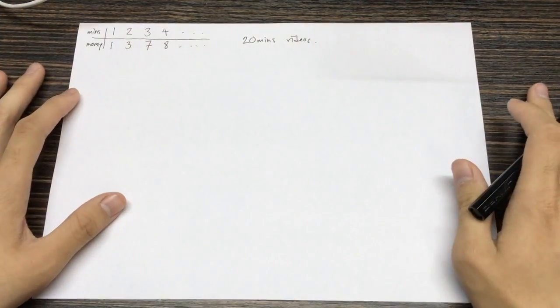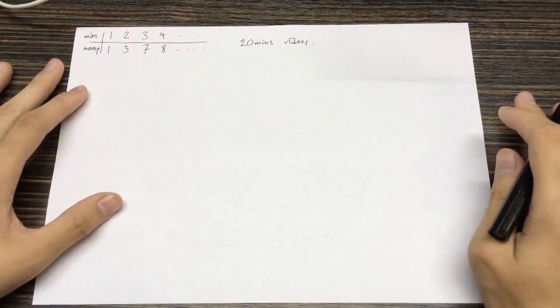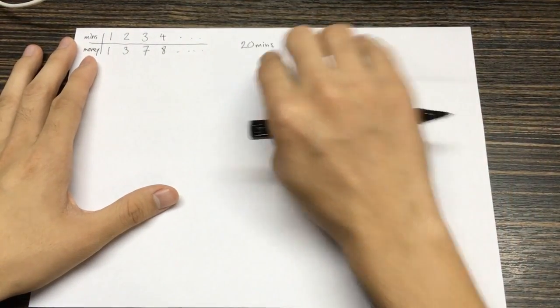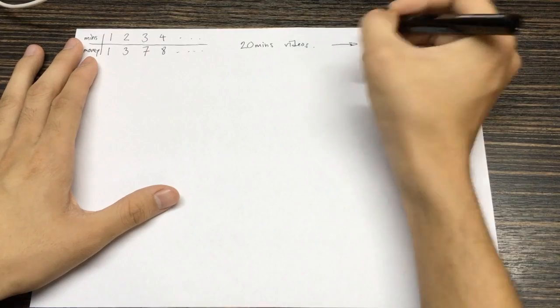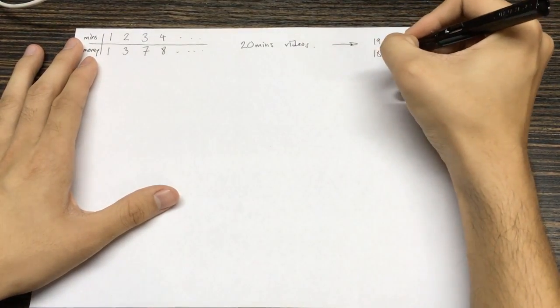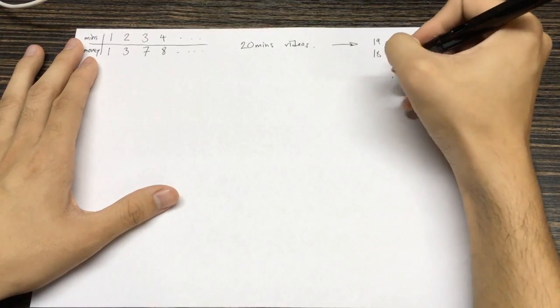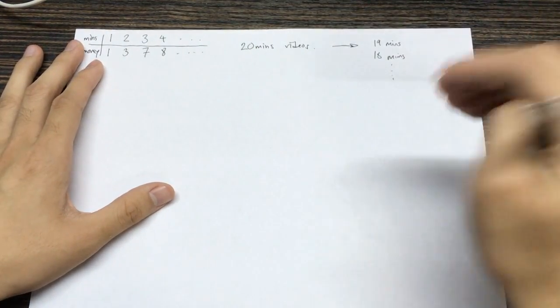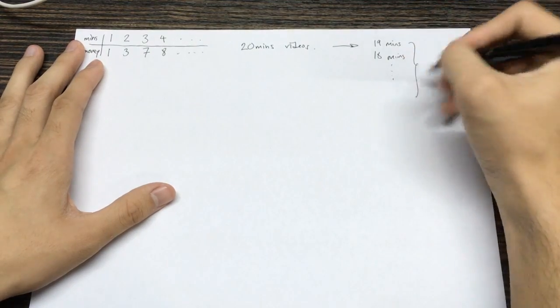A very good but maybe a weird way to think about it for this problem is, suppose we already have the solution to the maximum profit that we can get for 19-minute videos or 18-minute videos, and all the way down to a video of 1 minute long. Suppose we have all of the maximum profits for all of these cases already.